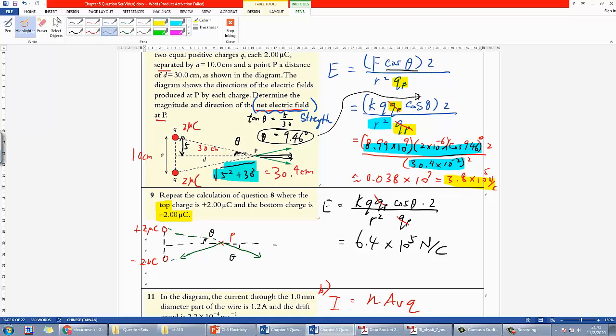Anyway, I hope you can understand that. I thought the bottom one got changed, and therefore it is negative, which is an attractive force toward it from P, and the top one is still the same.